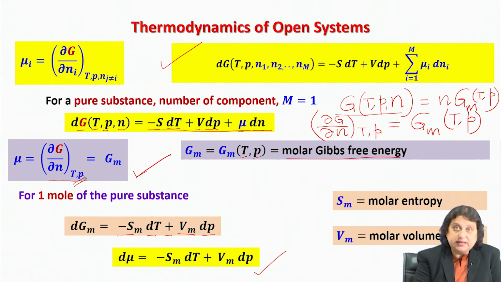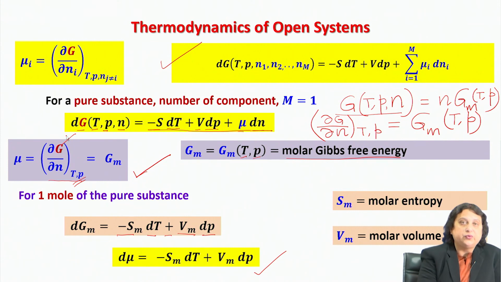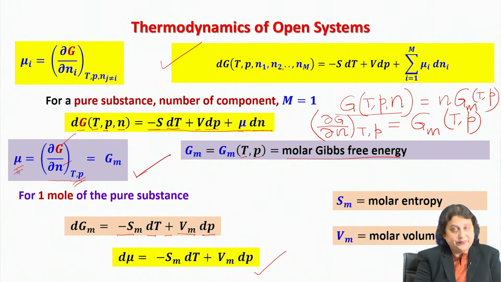And what is the consequence of this? I see that this is an extensive quantity, this is another extensive quantity, and as a result, when I take this derivative, mu becomes independent of n, and therefore it is an intensive variable.